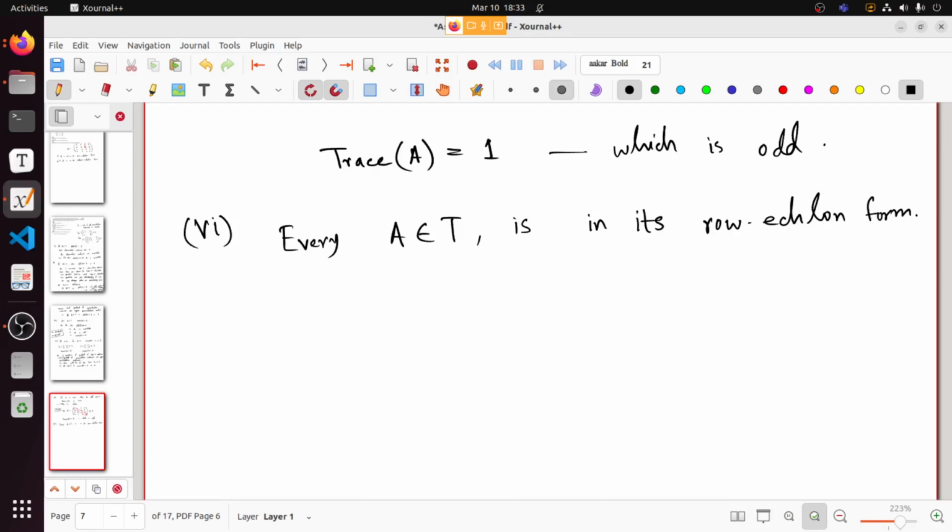As we have described earlier, T contains the permutation matrices, meaning the type 1 matrices, which are obtained from the identity matrix by just interchanging rows. And also we have seen that the product of permutation matrices is again a permutation matrix.